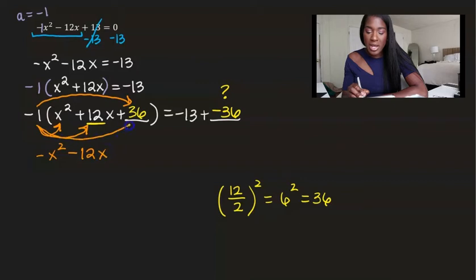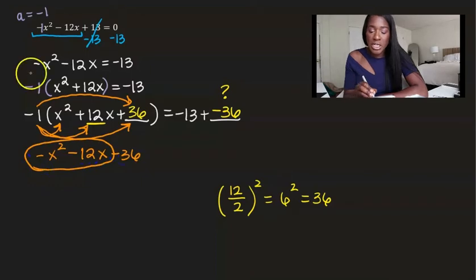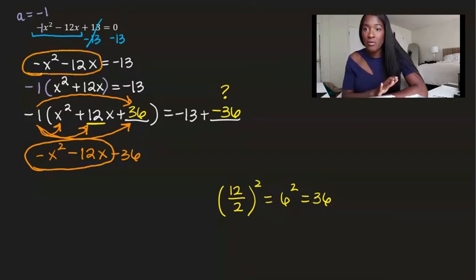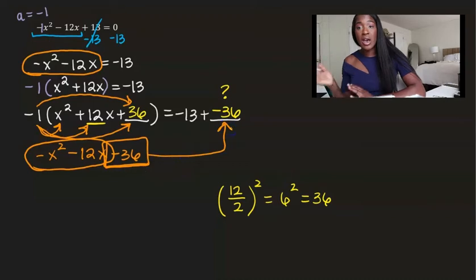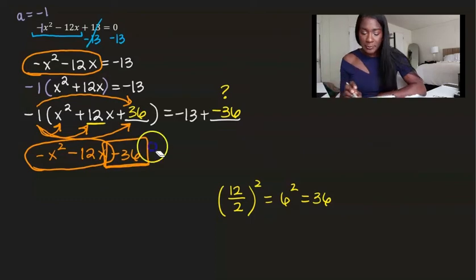And distributing the negative 1 to the 36 gives us a negative 36. So these first two terms are good because we had those when we started off in the equation. What we didn't have was that negative 36. And so to balance the equation, we add that negative 36 to the other side of the equation. So that's one way that you can make sure that you're balancing the equation correctly.